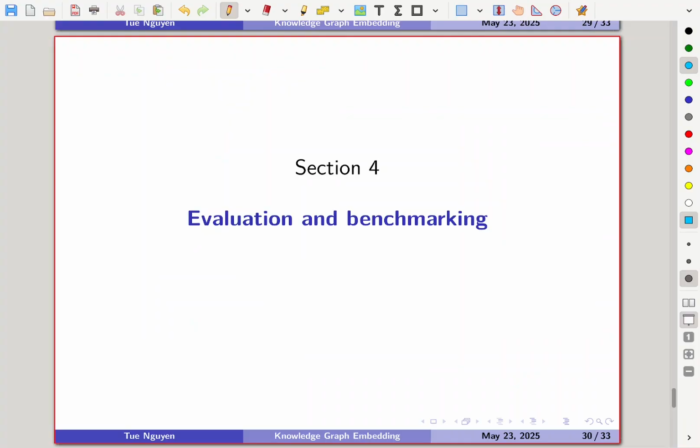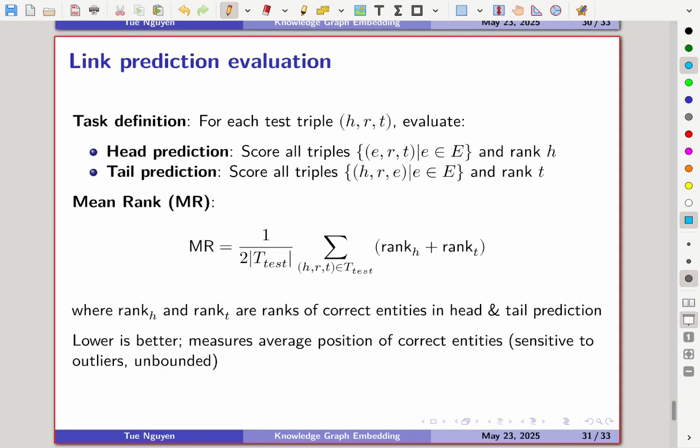Now we move to the last section about evaluation and benchmarking. To evaluate the effectiveness of an embedding model, we often use a link prediction evaluation. The link prediction task is defined as follows. For each test triple (h, r, t), we evaluate head prediction and tail prediction.